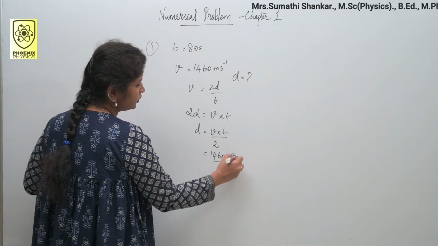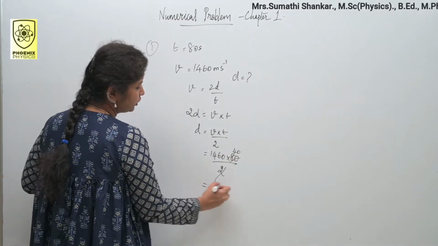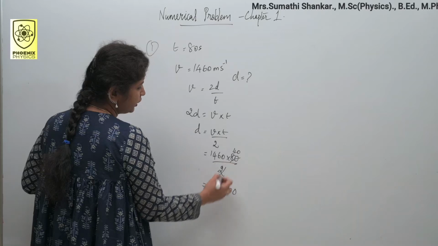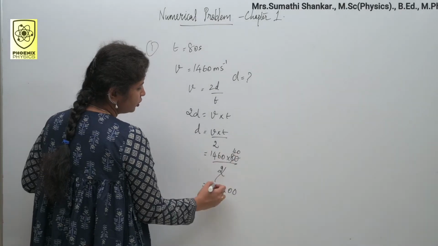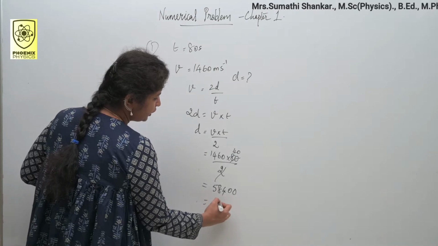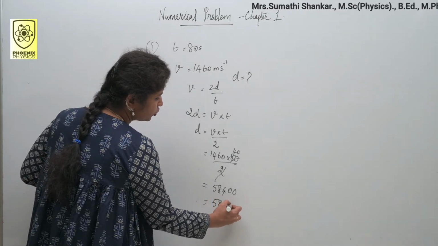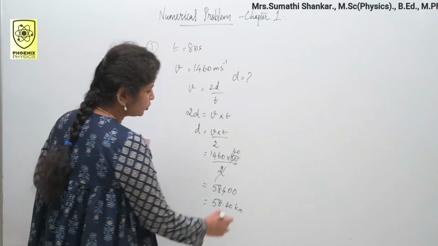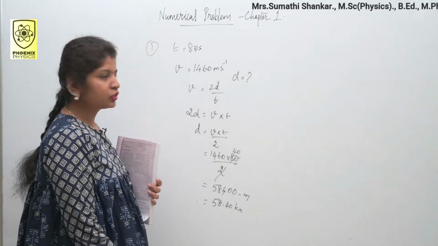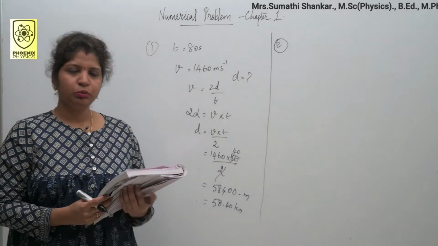Cancel this 40, just multiply these two values, 6, 24, 18, 5. So if it is in kilometer, it means 58.40 kilometer. So this is in meter and this is in kilometer. Up to this clear?